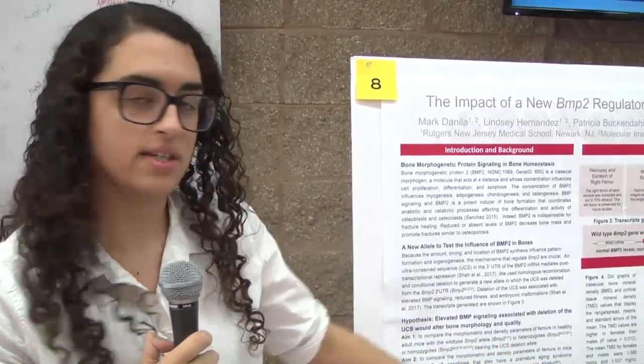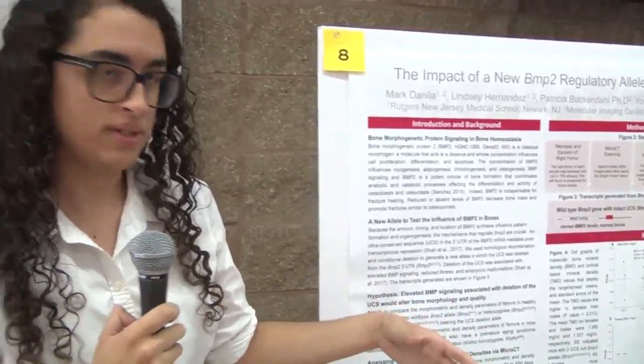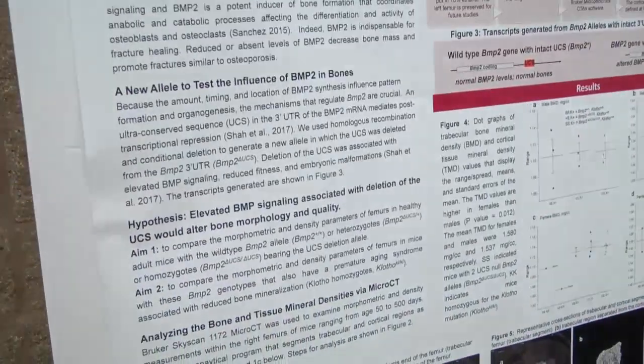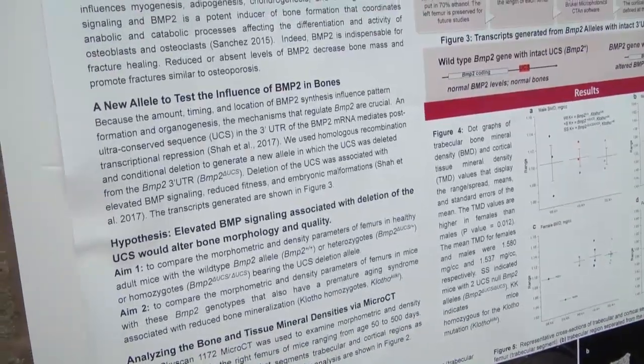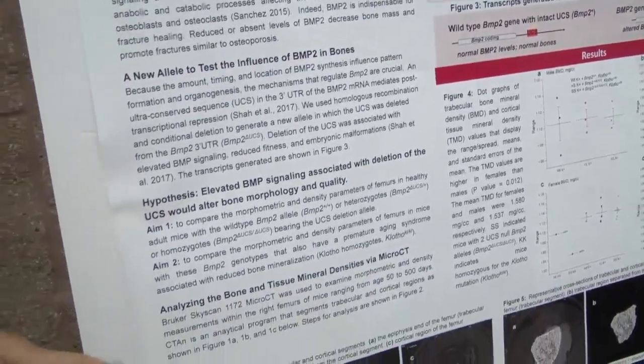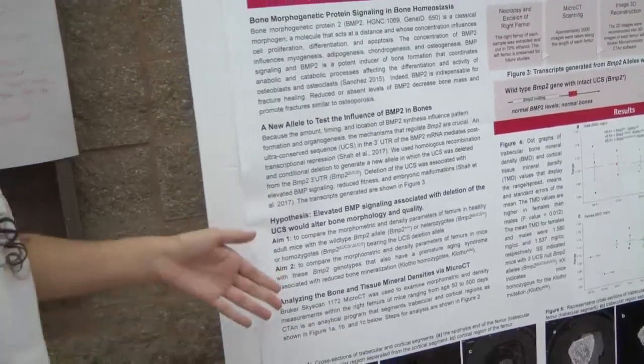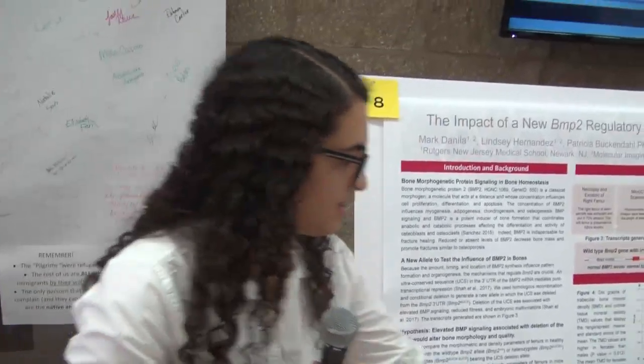The Klotho gene deals with a Klotho enzyme, which deals with premature aging in bones. And then the way we analyzed these bones was with the Bruker SkyScan micro-CT machine. The images that we attained from it were these images.